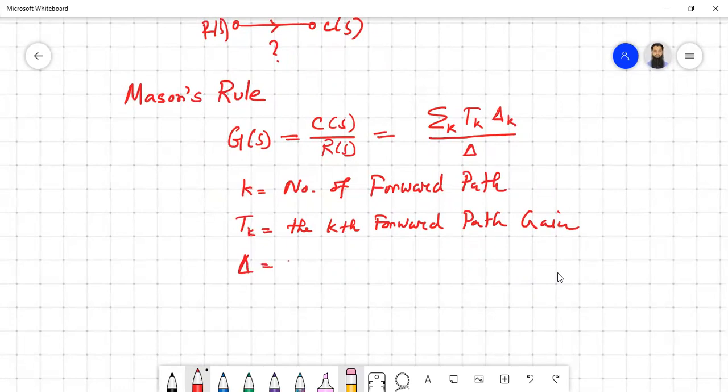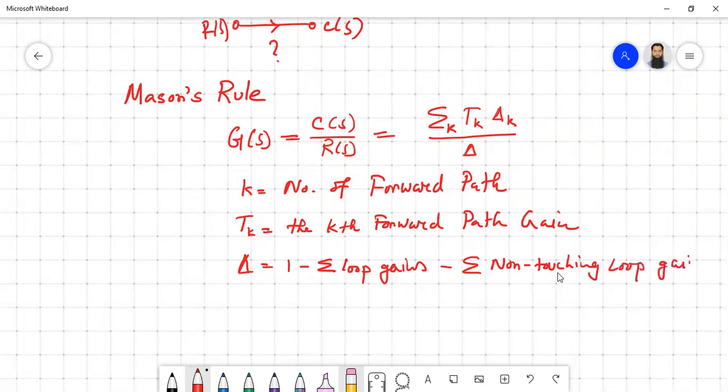Del is said 1 minus summation of loop gains minus summation of non-touching loop gains, two at a time.